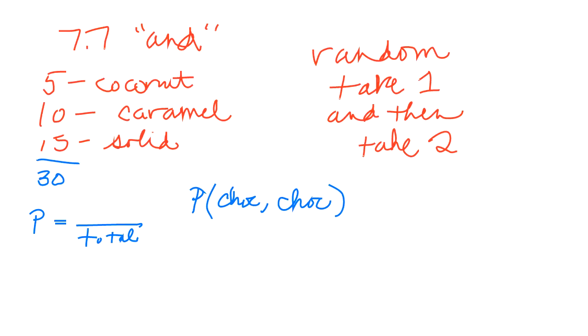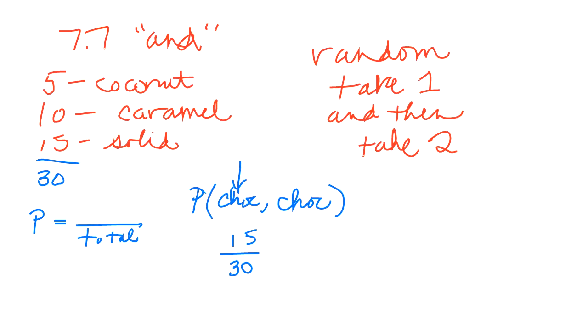I have to figure out the probability of getting a chocolate on the first go round. Remember, there are 30 candies in the heart, and of the 30, 15 of them are chocolate, right?